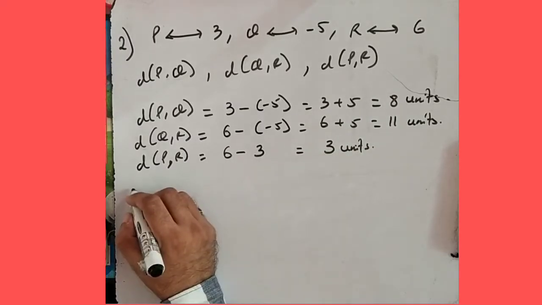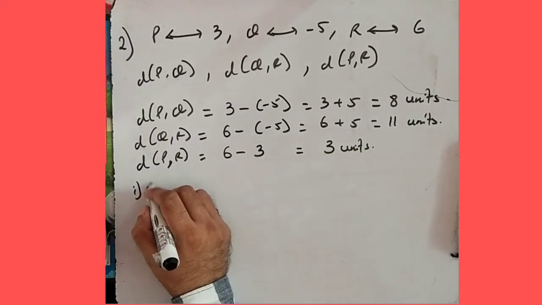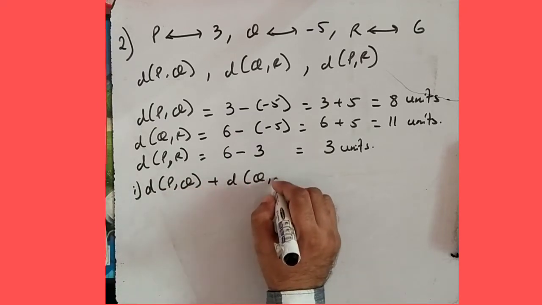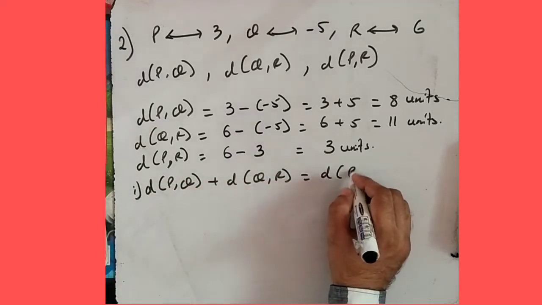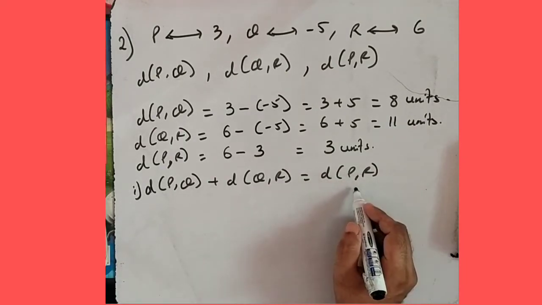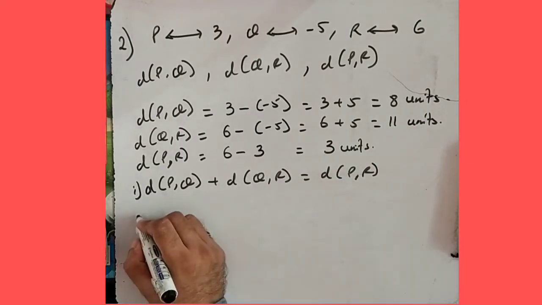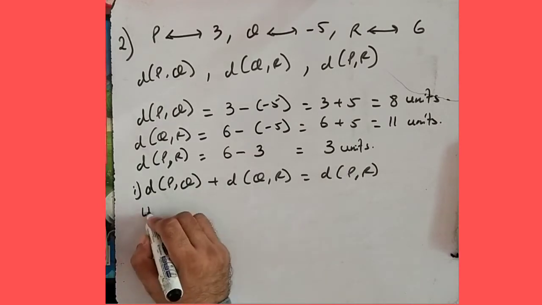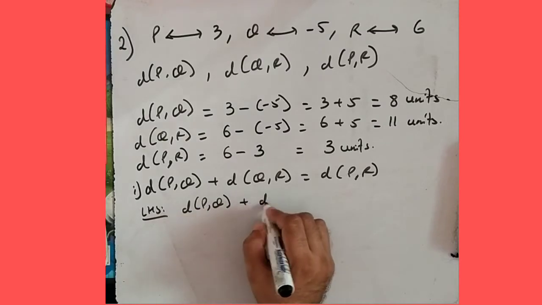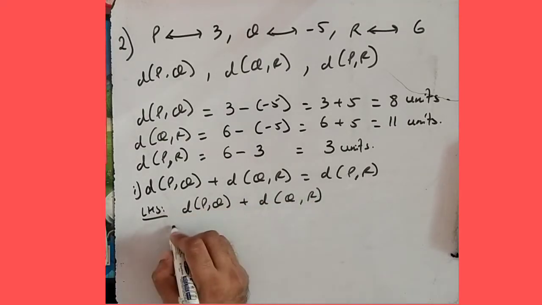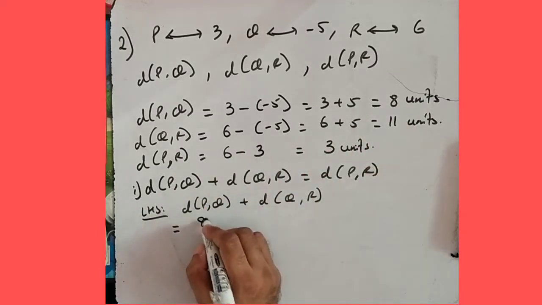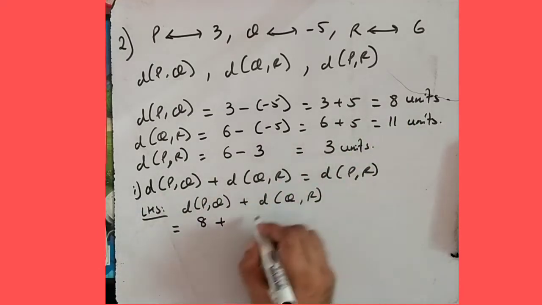Now the first statement we have to check is distance PQ plus distance QR is equal to distance PR. First, let us get the answer of LHS. LHS is distance PQ plus distance QR. Substitute the values. Distance PQ is 8, distance QR is 11.